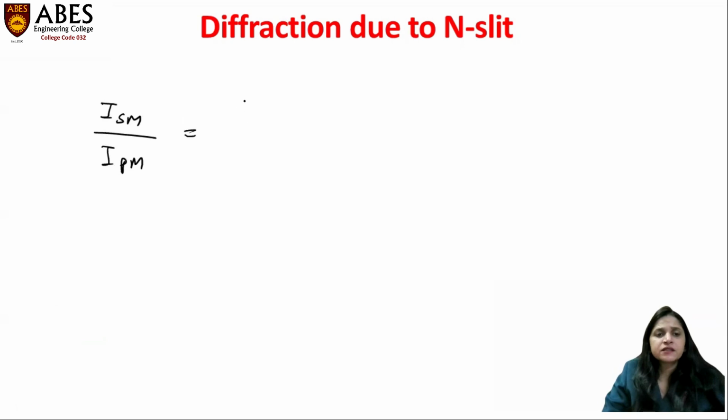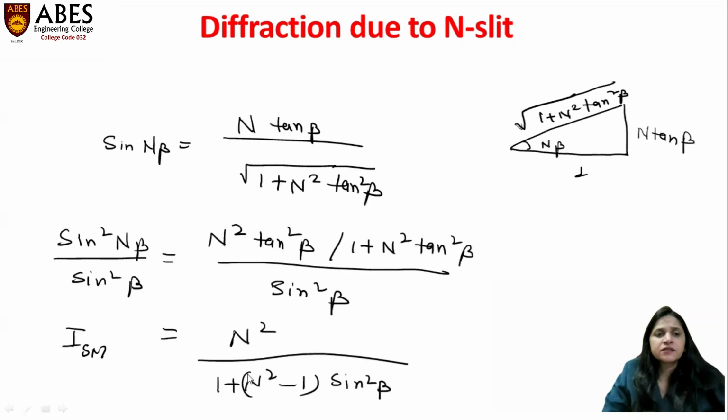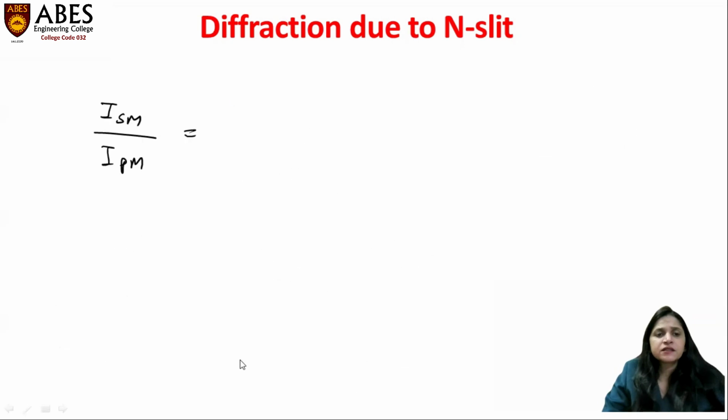So what will it be? Intensity of principal maxima is n square, and over here also what we are having is n square. So what will be remaining? Very right. It will be 1 upon 1 plus n square minus 1 sine square beta.